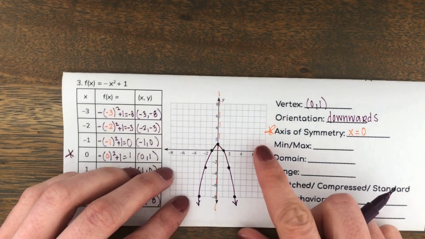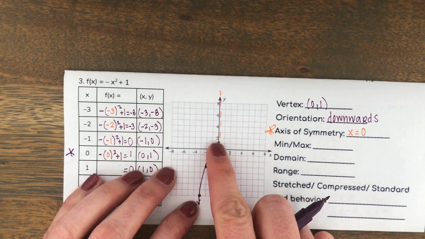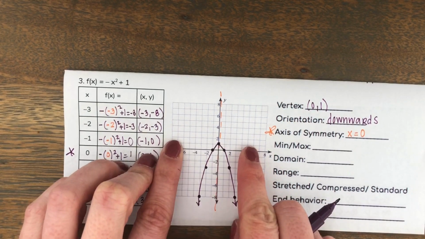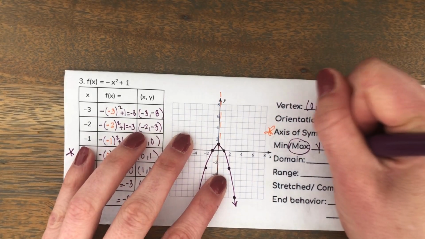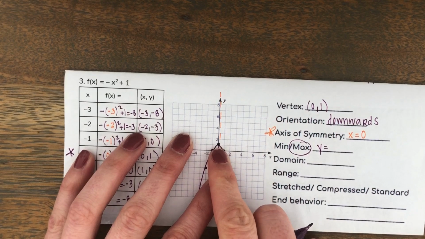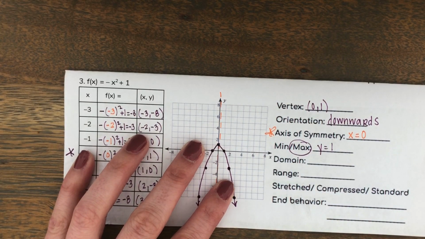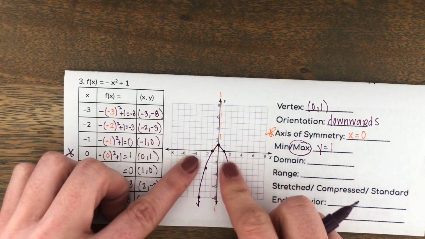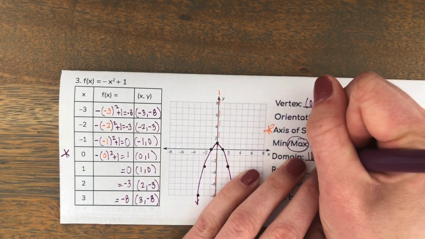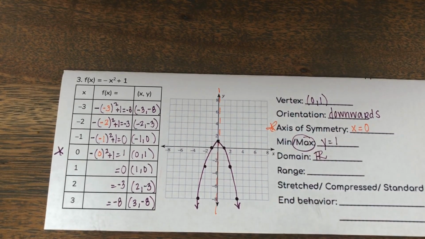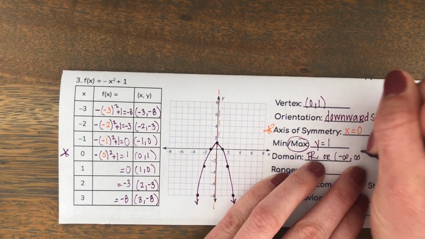And you're either going to have a minimum or a maximum. In this case, we're going to have a maximum point, because if you notice your graph, that's the highest it's ever going to go. And it's always your y value of your vertex. So the highest y value for this graph would be 1. And domain, it still extends left to right forever and ever, so you can do all real numbers. Or, in case, -infinity to infinity, whichever way.